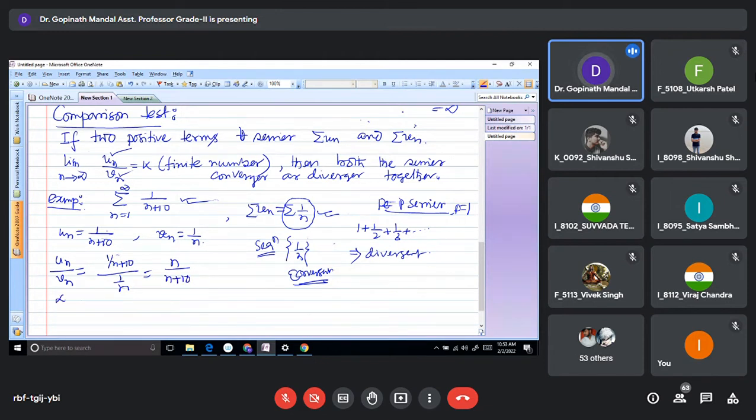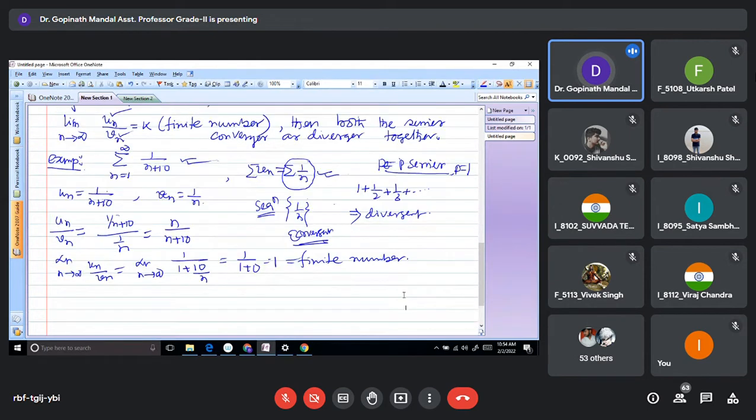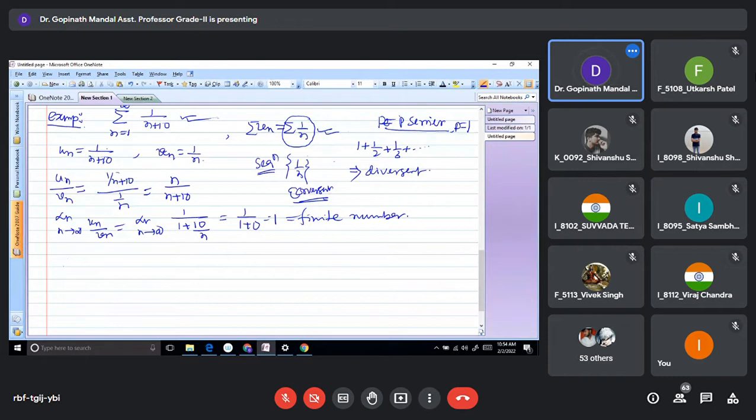Now the limit as n tends to infinity of un by vn is 1 by 1 plus 10 by n. As n tends to infinity, that is 1 by 1 plus 0, that is 1. That means it's a finite number. That means un and vn converge together or diverge together.